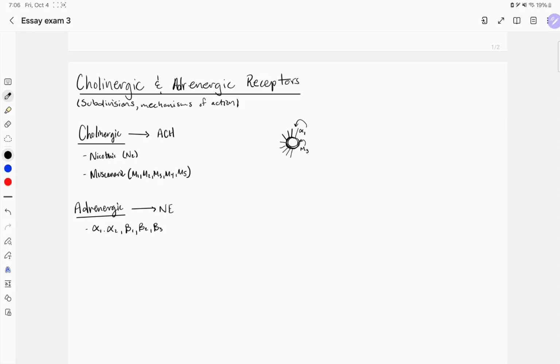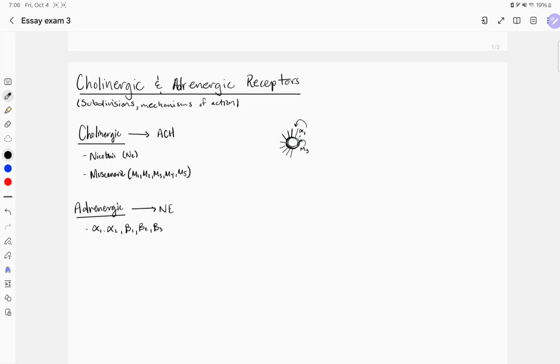All right, so if we have the release of acetylcholine, remember that muscarinic 3 receptors are cholinergic receptors which respond to acetylcholine. So if we have a greater amount of acetylcholine than other neurotransmitters, then we're going to get the response of this circular muscle constricting.